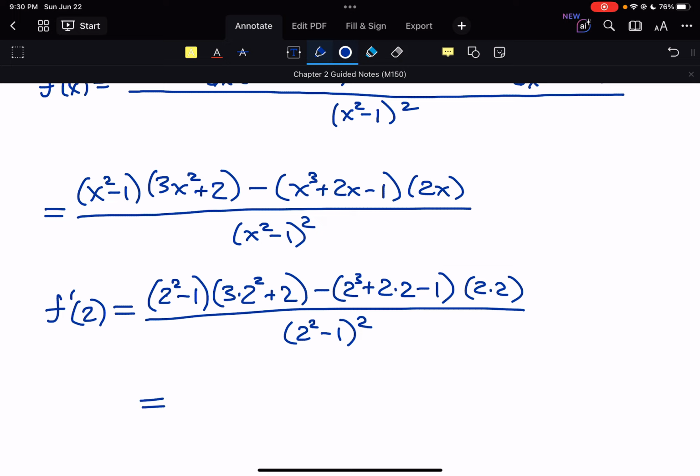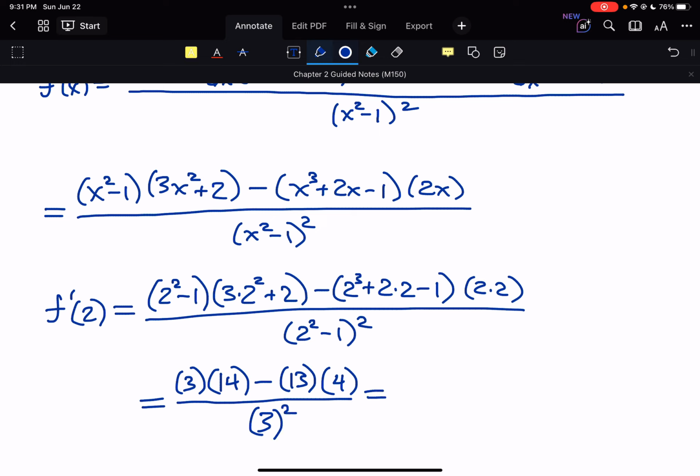So let's see, that's going to be 4 minus 1 is 3 times 14, minus 8 plus 4 is 12 minus 1 is 13 times 4, all over 3 squared. That gives us 42 minus... wait a second.